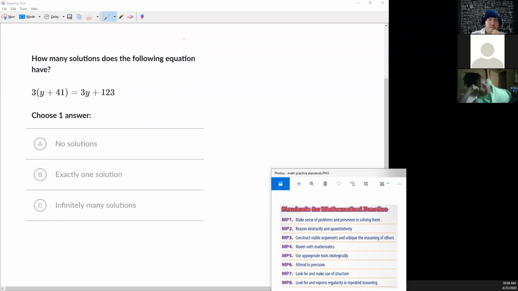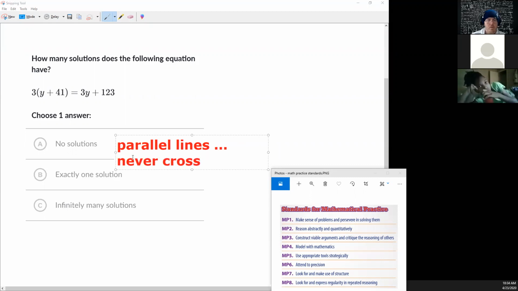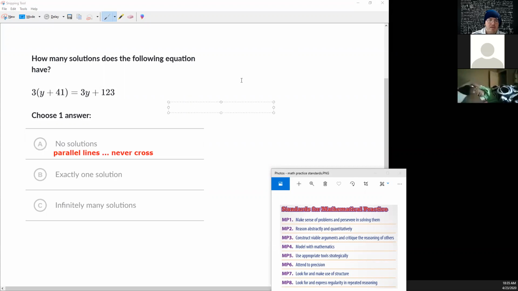And again, just to connect this back to what we were talking about. So no solutions means parallel lines, they never cross. That's what no solutions means. Then you've got exactly one solution.